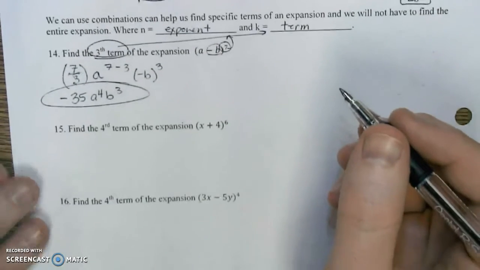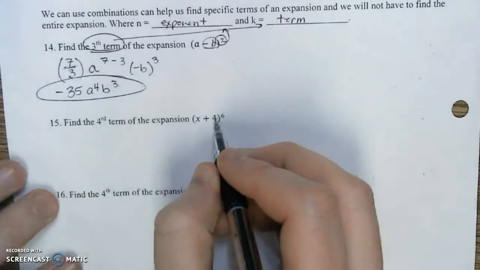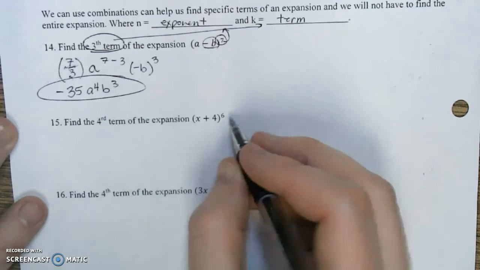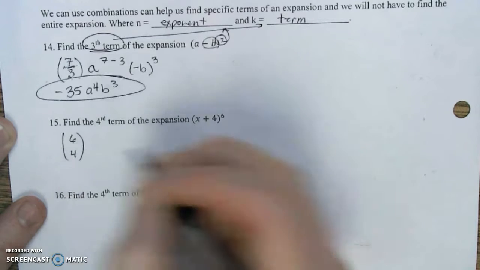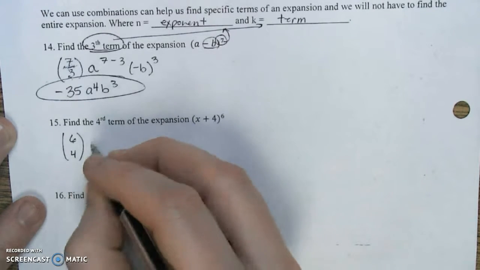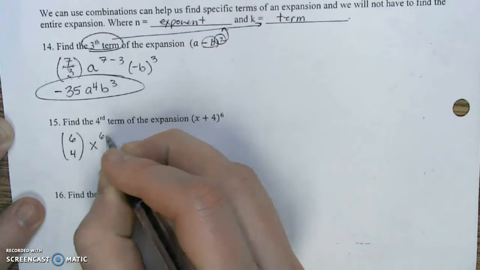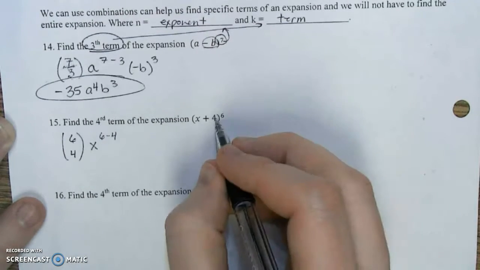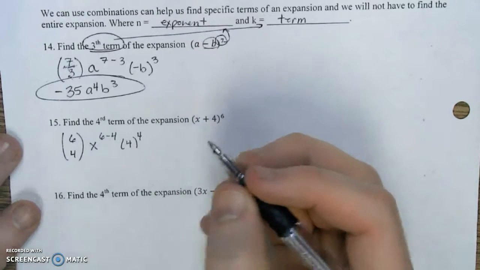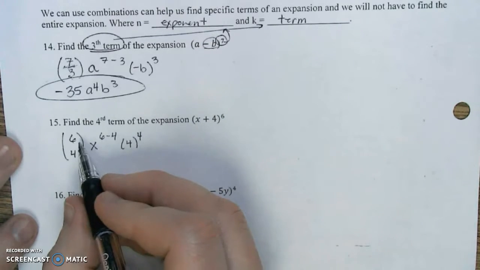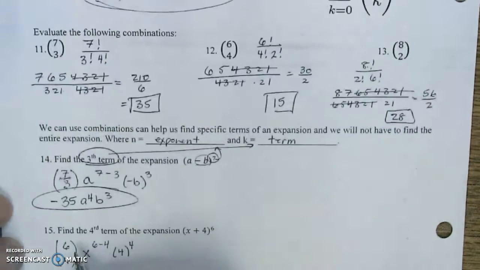So let's find the fourth term of this binomial. And so I've got 6 combination 4. And then we've got the first term here is x, and you subtract those numbers. And then your second term is 4, and it is the bottom number. And so we've got 6 combination 4, which we did up here.